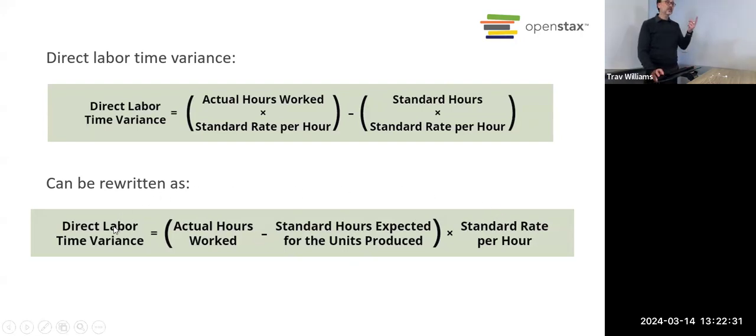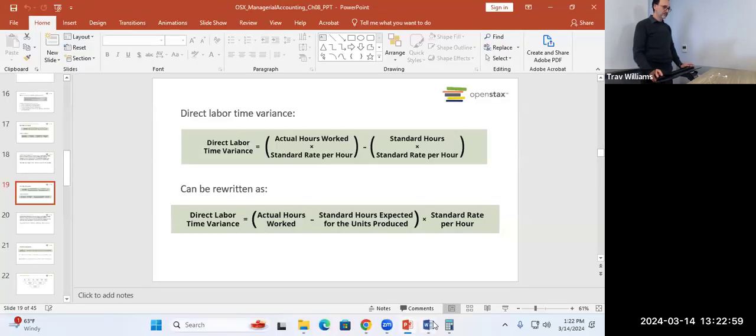So logically, if we take this time variance and divide it by what's in the parentheses, that will give us the standard rate. If 2 times 3 equals 6, then 6 divided by 3 equals 2. We're just working backwards. So we're going to take our time variance divided by the difference between the actual and standard hours, and that will give us our rate.